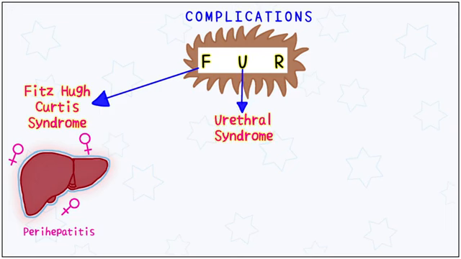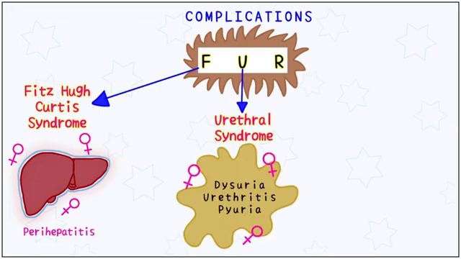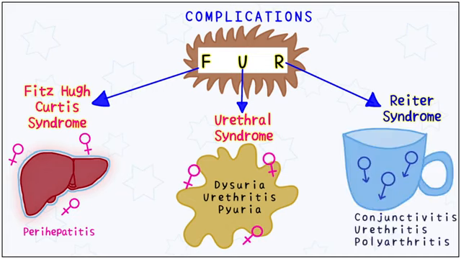U is for urethral syndrome, which also affects females and is characterized by discomfort during urination, pyuria, and urethritis. R is for Reiter's syndrome, which is characterized by conjunctivitis, urethritis, and polyarthritis. Easy to remember by the mnemonic CUP, and it affects only males.